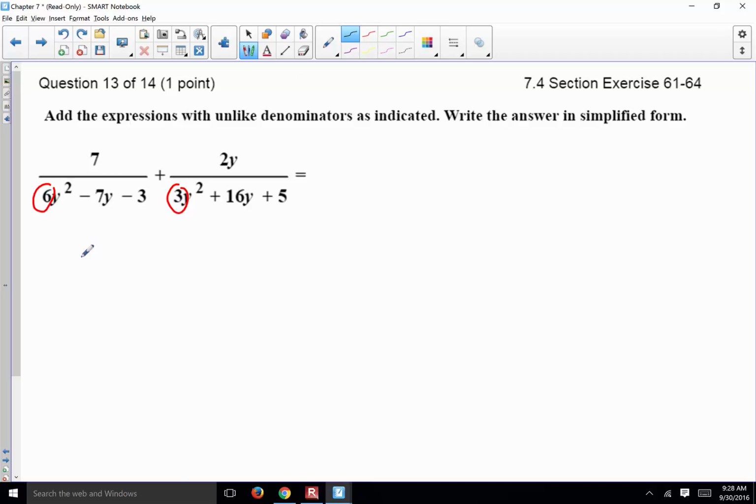So when I'm factoring it, my simple trial and error method, you can't do it because this is 6. You have to do tough trial and error by splitting 6 into 2 groups, either 6y and y, or 3y and 2y. There are 2 options for breaking this up: 3 and 2 or 6 and 1.